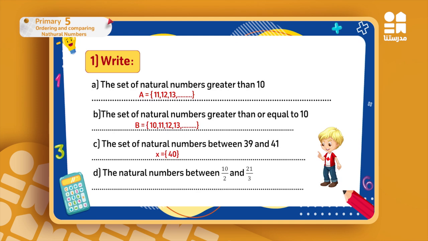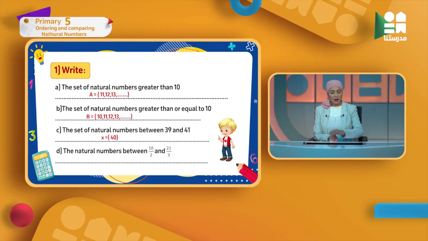Now, the last question: the natural numbers between 10 over 2 and 21 over 3. What did we say about having a fraction? We said before, to make sure that this is a fraction and not a whole number, I have to simplify it to its simplest form. So I'll start by simplifying the first one, 10 over 2, or 10 divided by 2, which is 5.